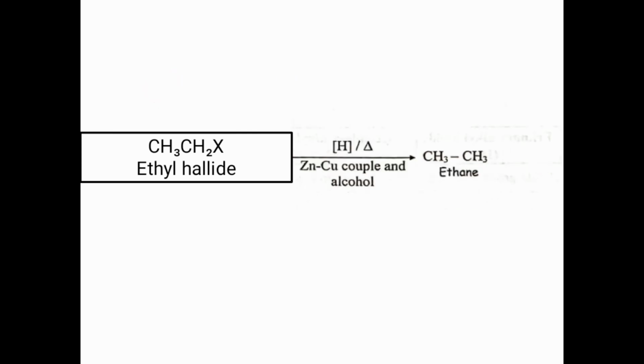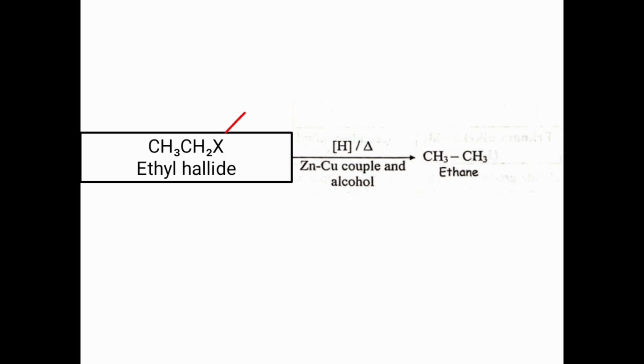Now next we are doing the next reaction, that is ethyl halide reacting with hydrogen with heat, and the medium is a zinc and copper couple with alcohol. The product formed is ethane, and it is also a simple elimination kind of reaction.